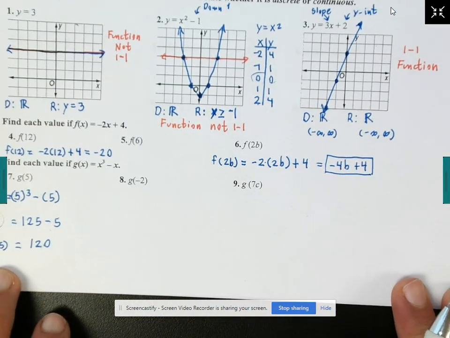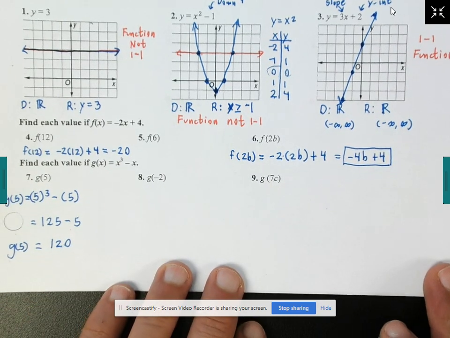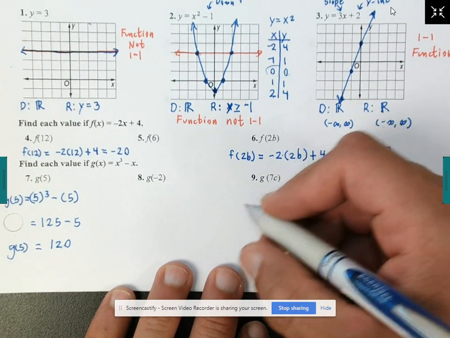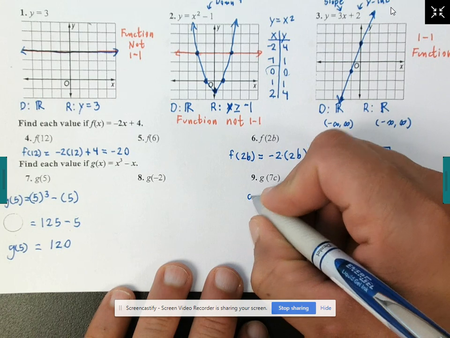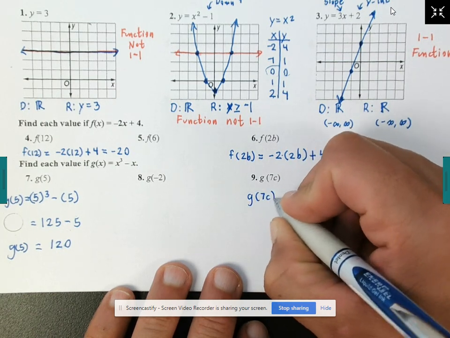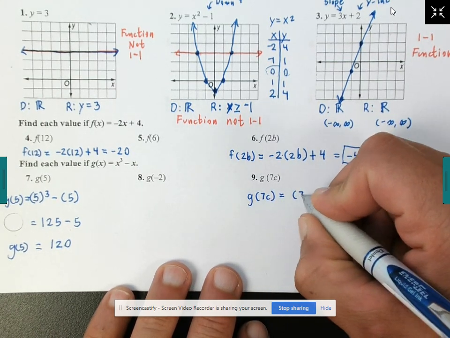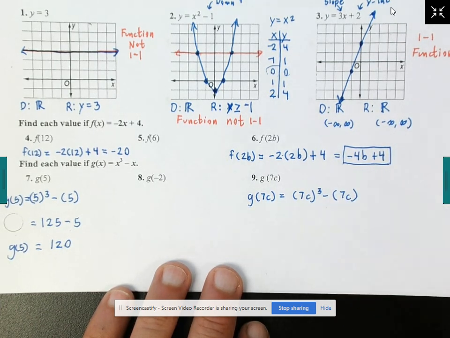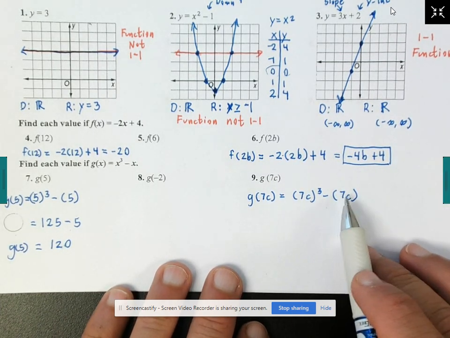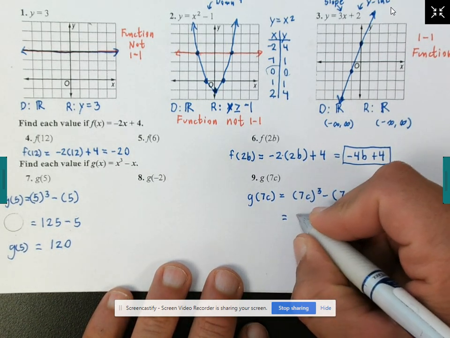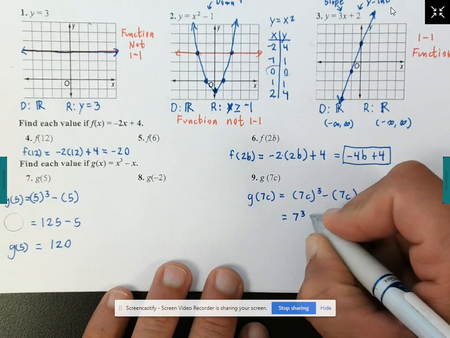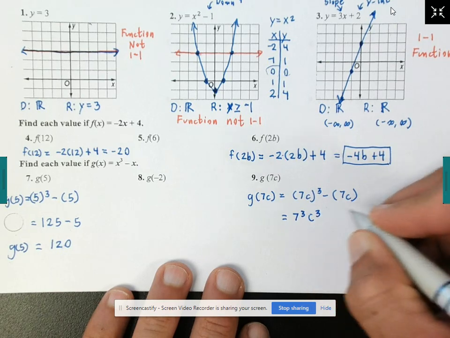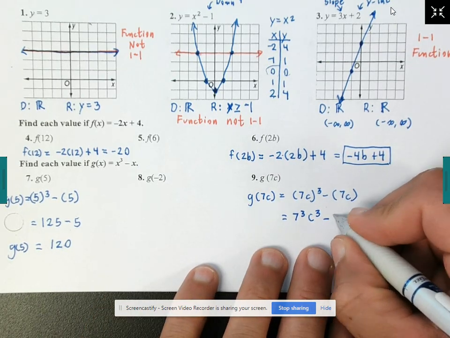Okay, let's move on to number 9, the one that has this strange number in here. So we're going to have g of 7c. I'm going to replace every x with a 7c. Now this parentheses on this one is not necessary, but on this one, remember, I have to cube both the 7 and the letter c.